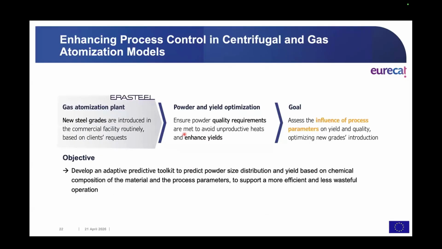Another example of this is gas atomization, where we mostly looked at the relation between the atomization parameters and the final product, using existing data that, for example, ERA Steel has provided, and they have measured this for years and years.